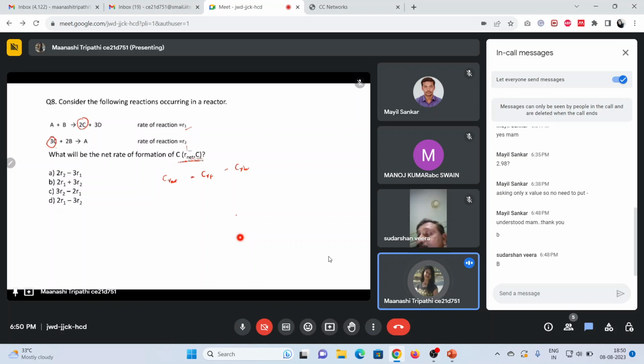Just look at the stoichiometric coefficient of C. Rate of formation will be positive and rate of reduction or loss will be negative. Just write them in the equation and look at the stoichiometric coefficient of C, because we want everything for C. Please write this.